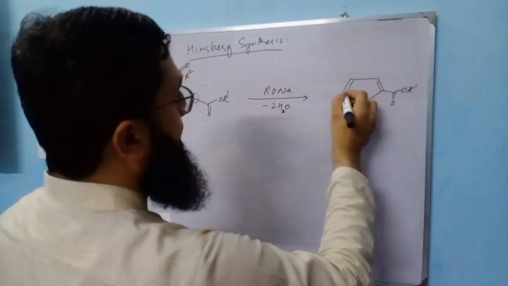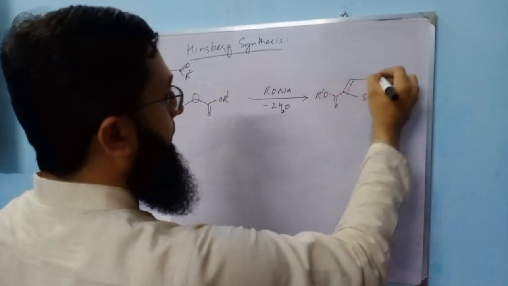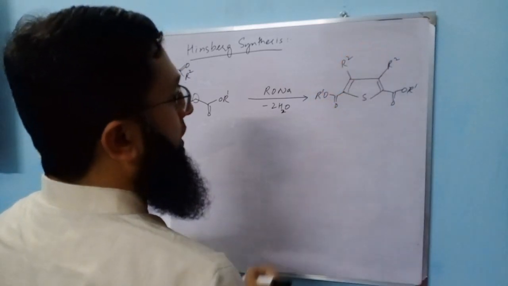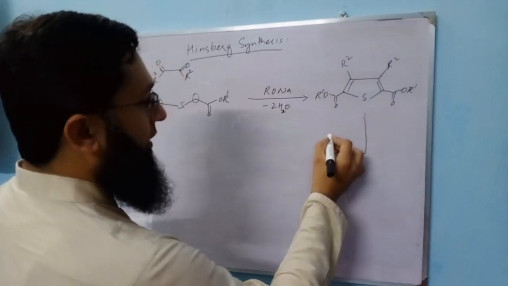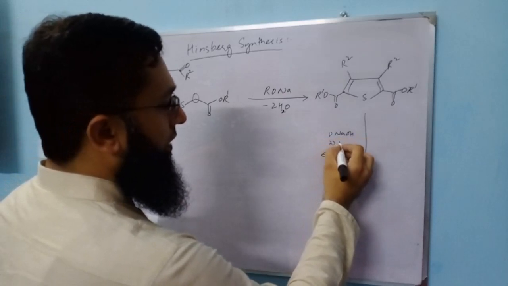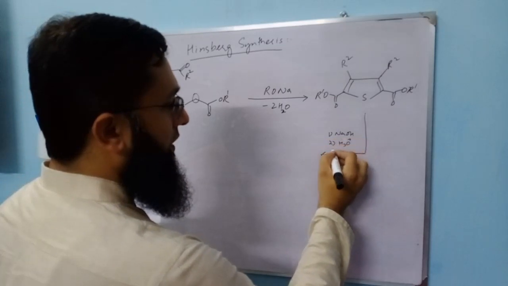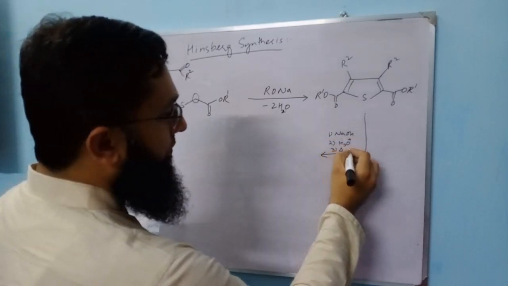we get these derivatives of thiophene. And these esters can be hydrolyzed using base, then H3O positive and decarboxylation.